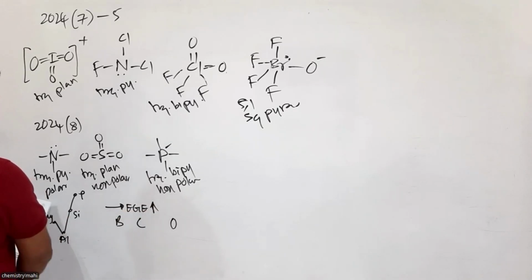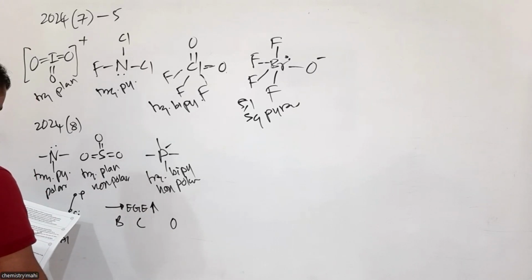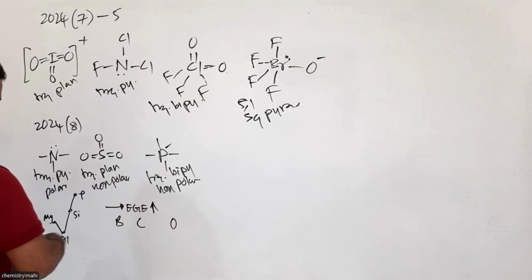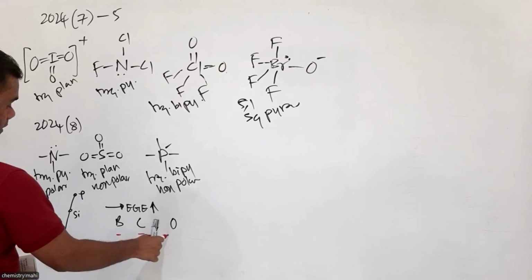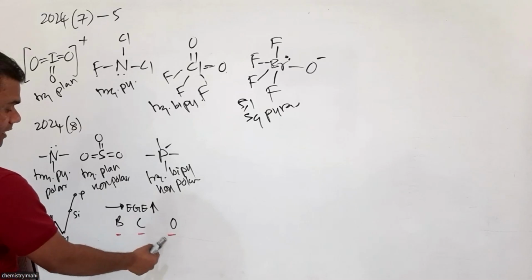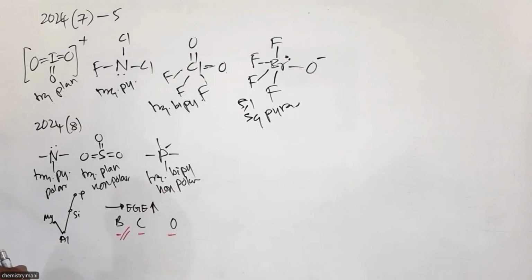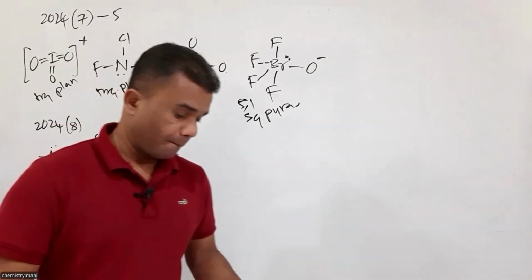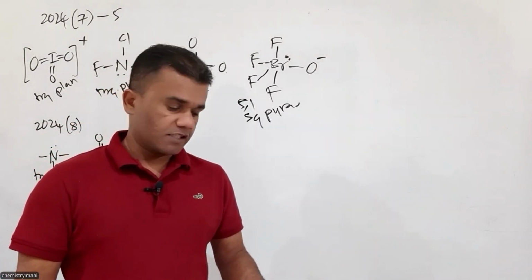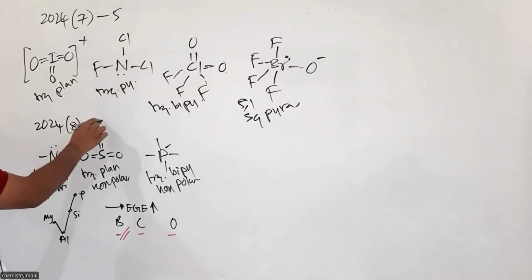All are negative, groups 13, 14, 16. Then as electron gain energy increases, the negative value increases. Therefore, the lowest should be for boron, but it's given for carbon. That one is the incorrect statement. So here the answer should be the third one.